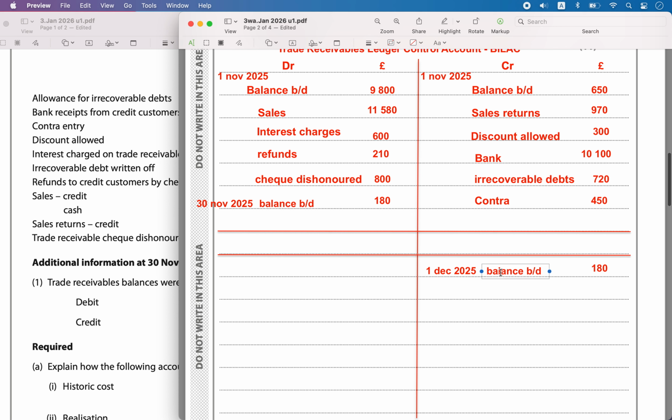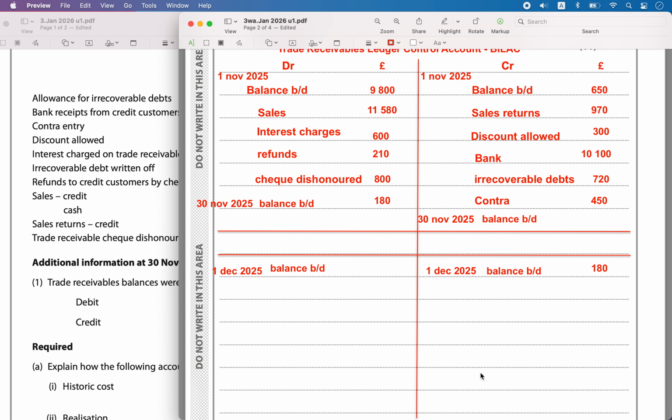Now the balance on the debit side has to be calculated, so this we don't know, and there will be a balance BD as well as on 30th November 2025.